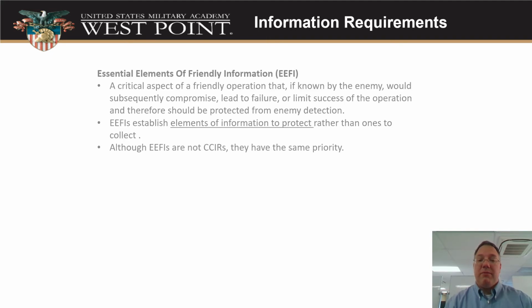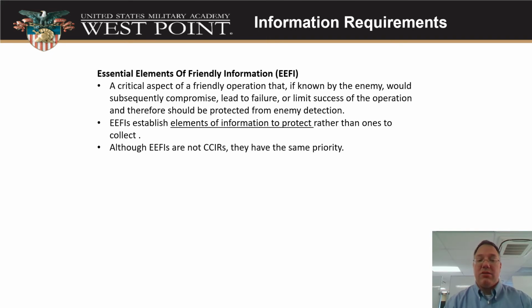The other piece of information we have is an EEFI, Essential Elements of Friendly Information. This is not a CCIR. It's not about decision making. This is information about ourselves, about friendly forces, that we do not want the enemy to know. Essentially, it's the enemy's CCIR. Things that we want to protect so the enemy doesn't know about them. If we've got a special weapon attached to us, I don't want the enemy to know that.